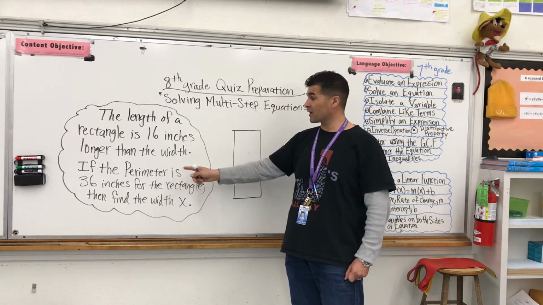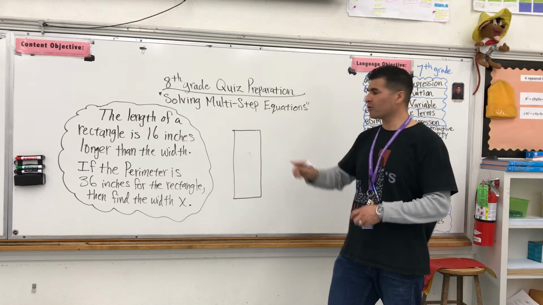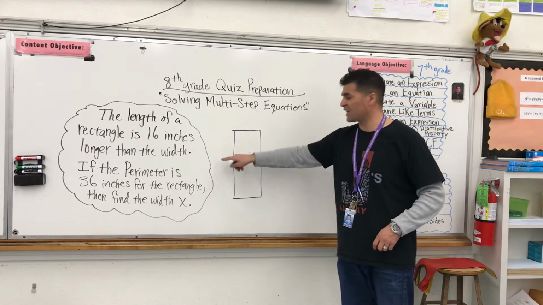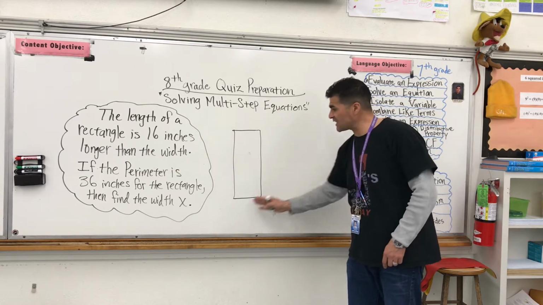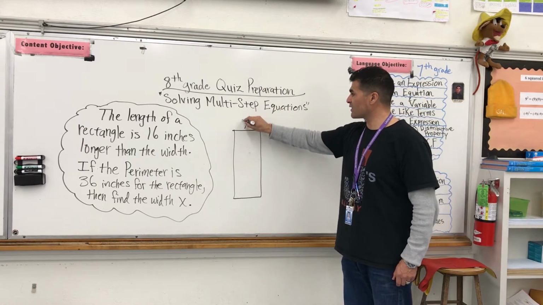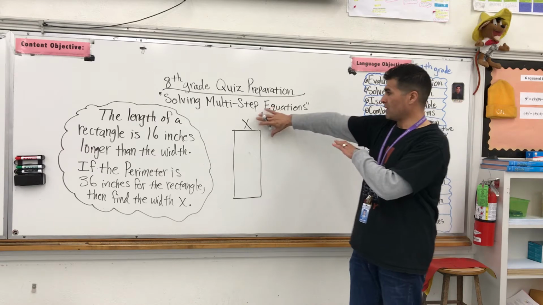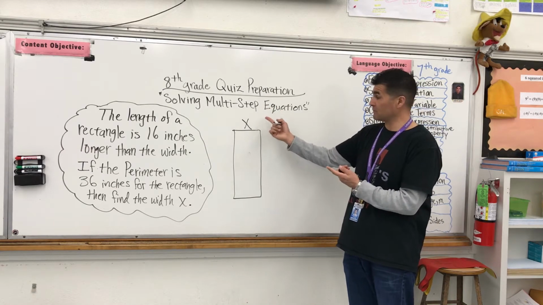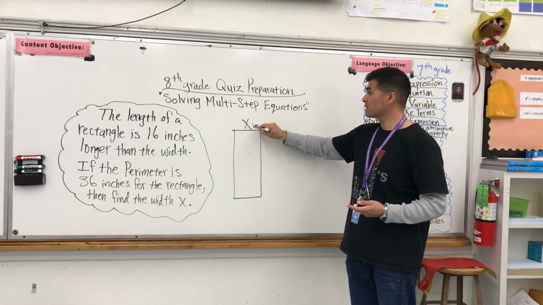But we do know something about the perimeter. The perimeter is when you take all four sides and add them up. It's the sum of all the exterior sides. So if this width is some number of inches, we'll call it x. This is x inches.